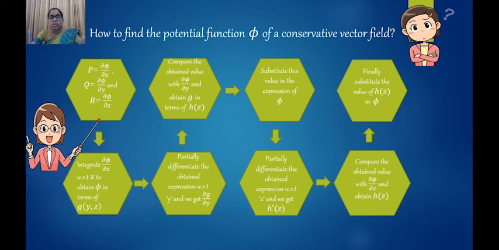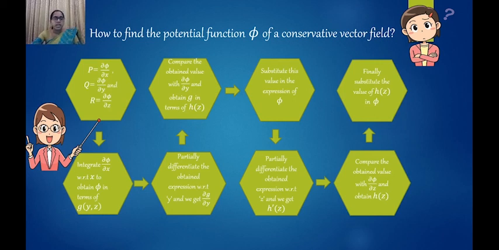A bunch of the same steps is repeated in the case of 3-space. In 2-space we had only P and Q. Here there is a term R also, so we have a function g of y comma z. We find what g is, and once we find g, there will be a function h of z, and then we have to find h of z, and finally we substitute the value and obtain the expression for phi.